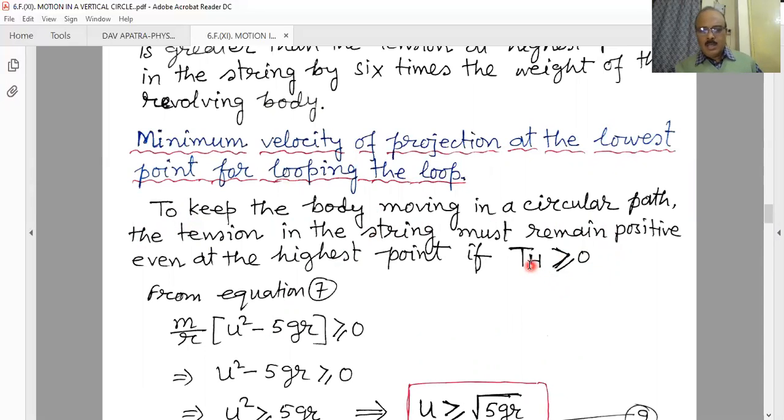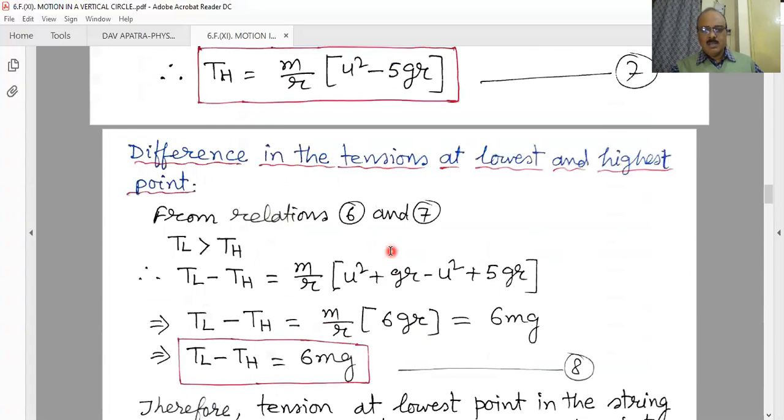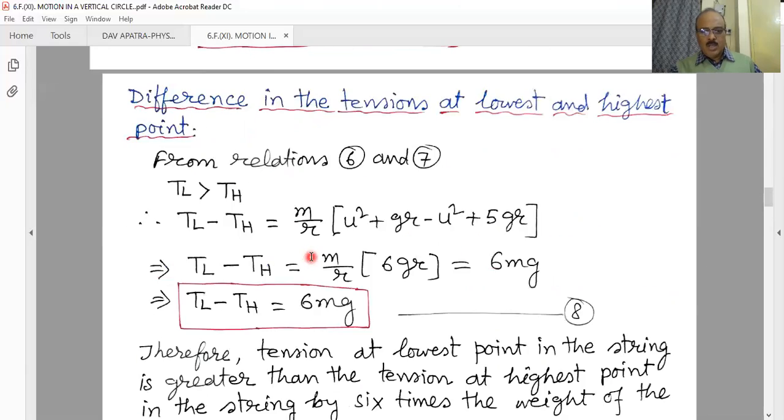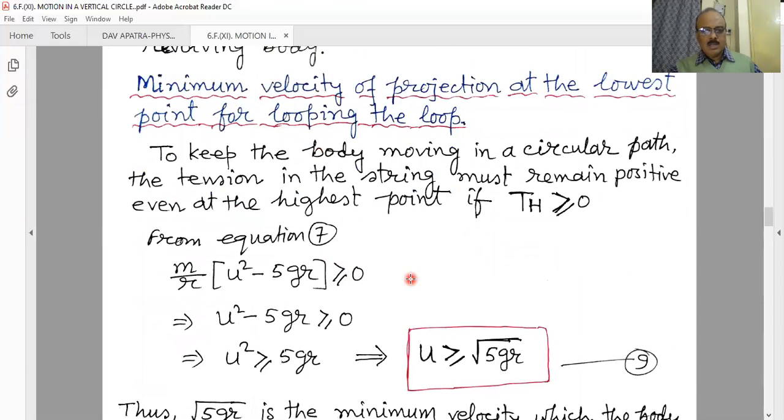So it is the basic criterion to complete the circular path in a vertical circle, TH greater than or equal to 0. Now from this equation number 7, that is TH, if we put this value 0, that is the extreme value, the lowest value, equal to 0, we get the necessary condition.